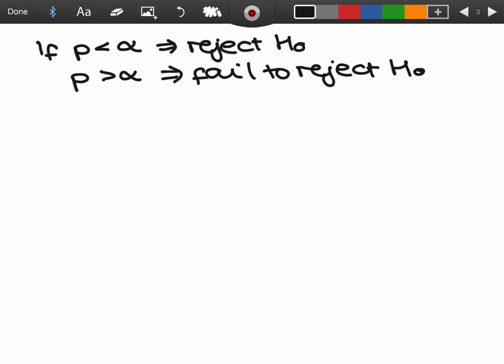But there is one slight difference. When you do this p-test on your calculator, it is very slightly different. If you go to stat and then across to tests on your calculator, so you go to stat and then go to tests. When we have been doing this so far, we have been doing z-tests and t-tests. When we are dealing with means, we either do a z-test or a t-test.